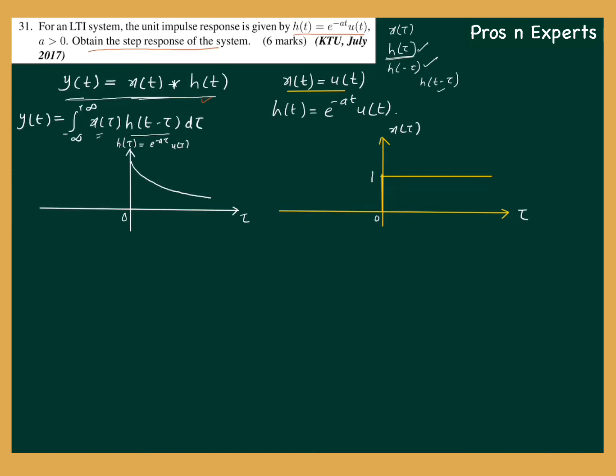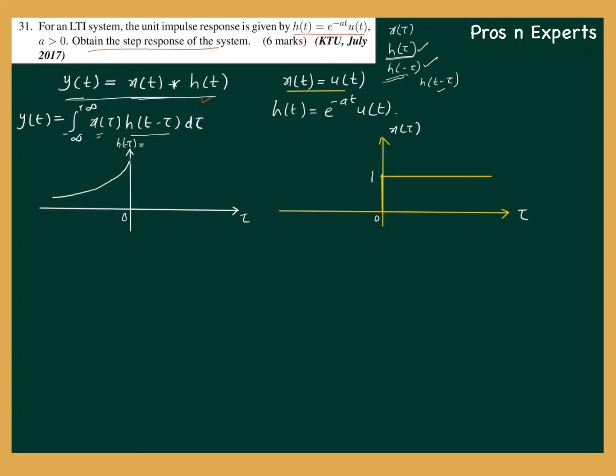But we do not stop at h of tau. We have to find h of minus tau. What is h of minus tau? This is the time-folded version of h of tau. Again, you are not stopping at h of minus tau.